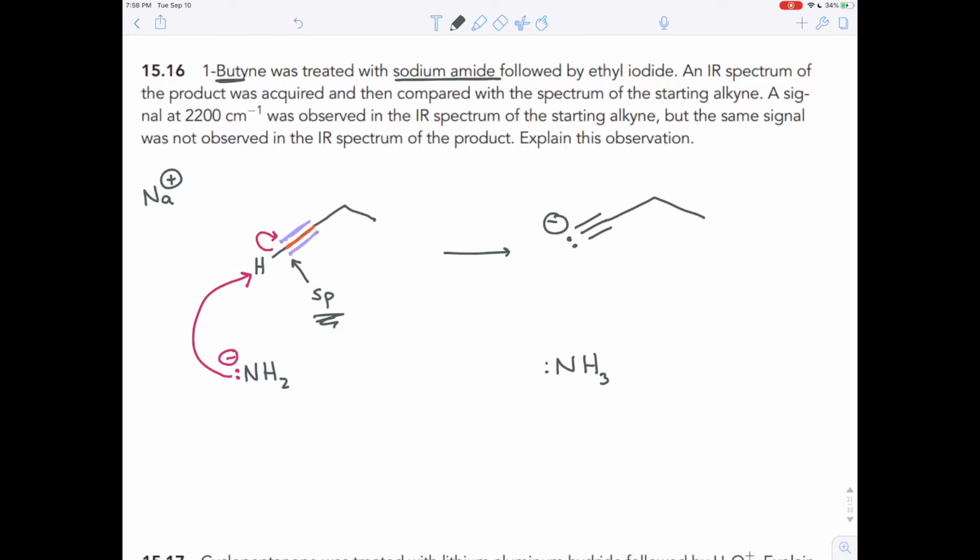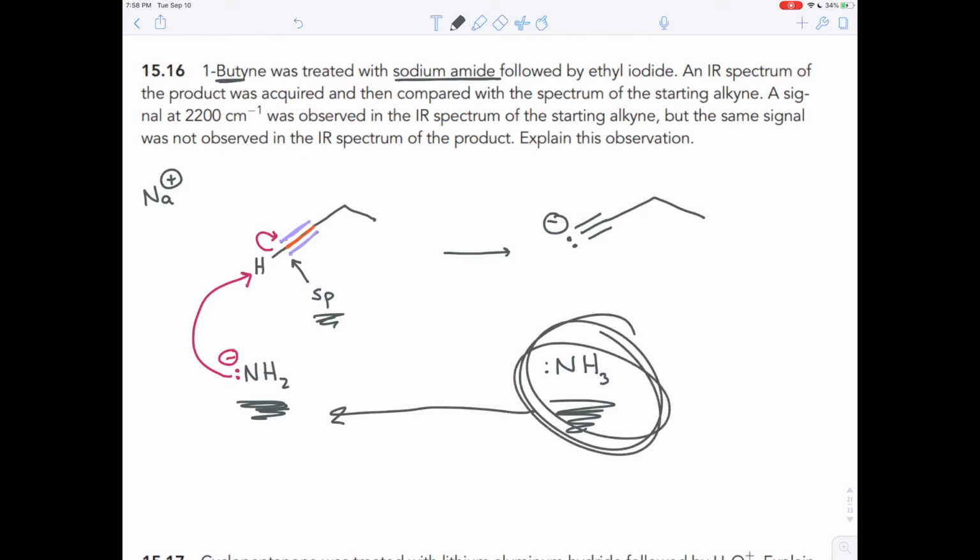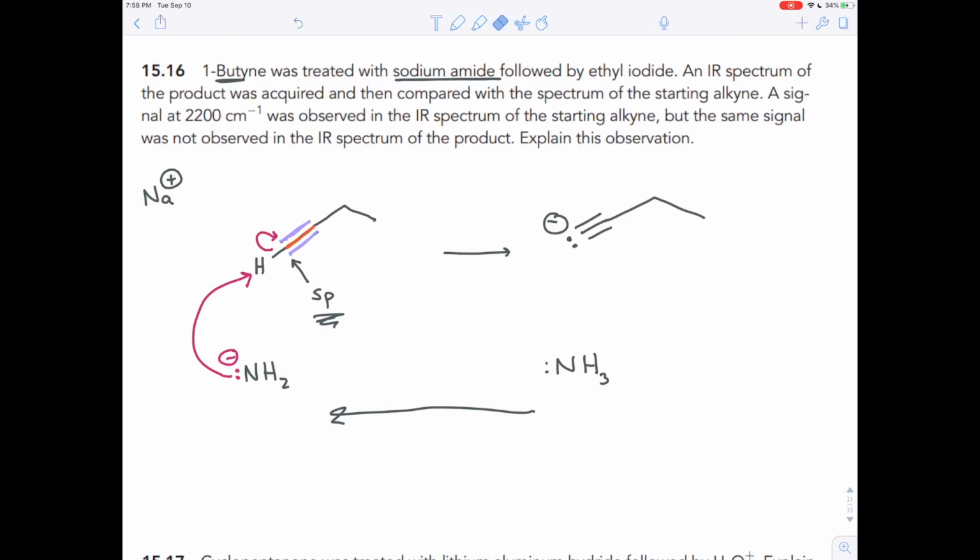In general chemistry, you would have been introduced to NH3, ammonia, as a base. It's a weak Bronsted-Lowry base. Amide, NH2 with a negative charge, is the conjugate base of a base. It's a really strong base, and so it tends to steal hydrogens.